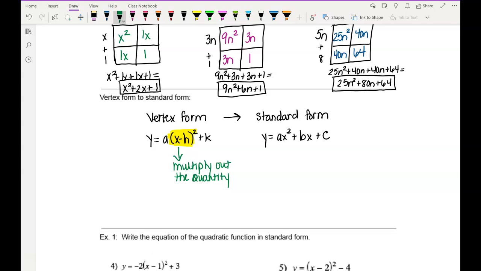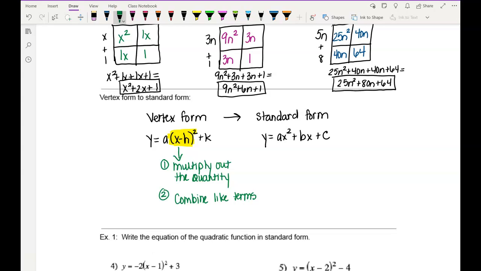So that's going to be step 1. Step 2 is going to be combine like terms for anything that is left. So really it's just multiplying out and simplifying is how we go from vertex form to standard form.